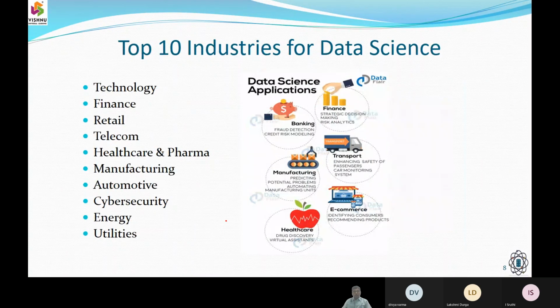The top 10 industries which prominently use data science are healthcare, e-commerce, manufacturing, transport, banking, and finance. Every domain has a specific set of inputs to bring actionable insights and to increase their business. This is where data science has its prominence.